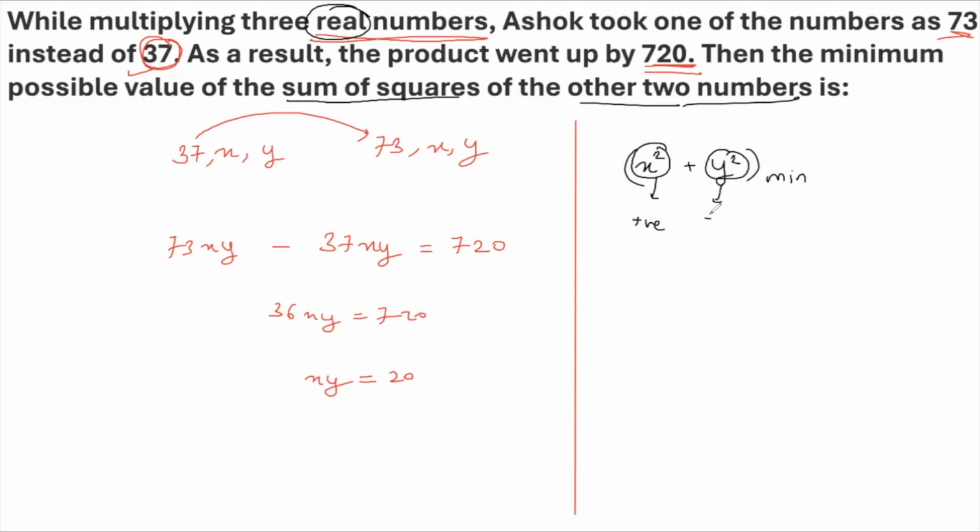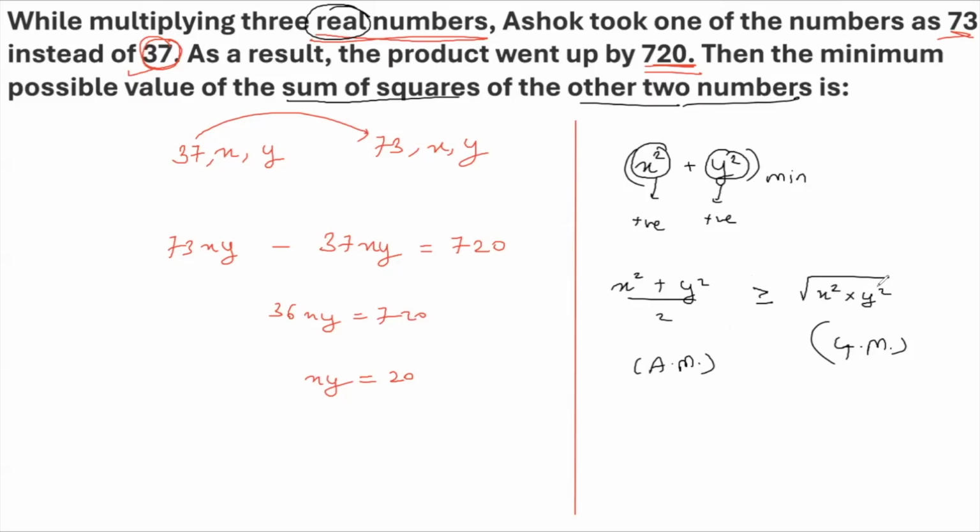For two positive numbers, x square and y square, the arithmetic mean, or AM, x square plus y square upon 2, will be greater than or equal to the geometric mean, that is GM. For two numbers, the geometric mean is the square root of their product. The product of x square and y square, we take the square root, we get the geometric mean.